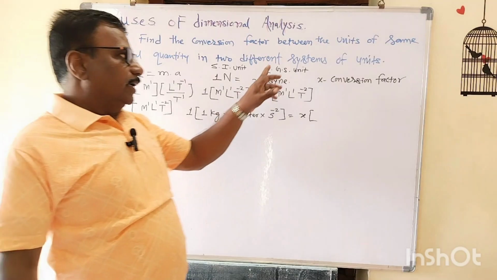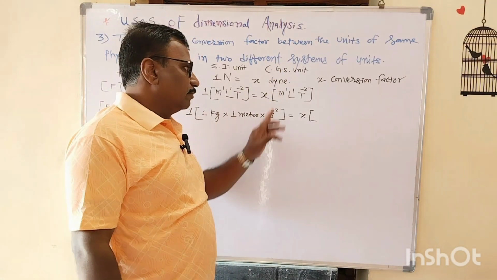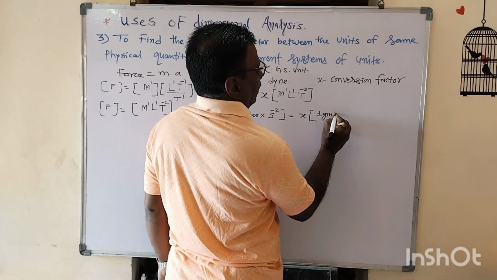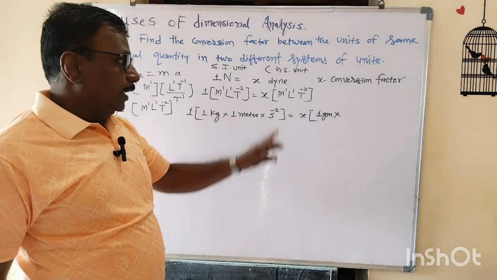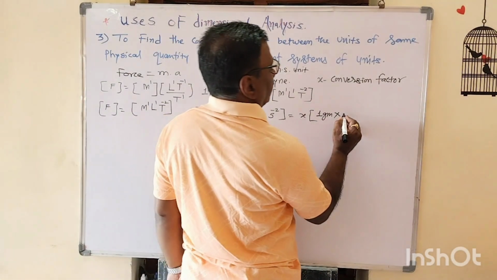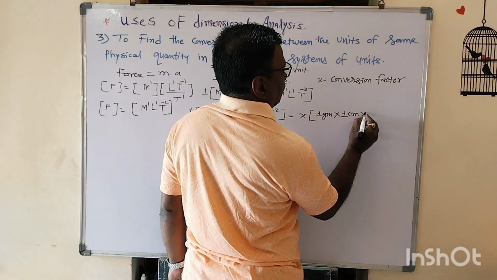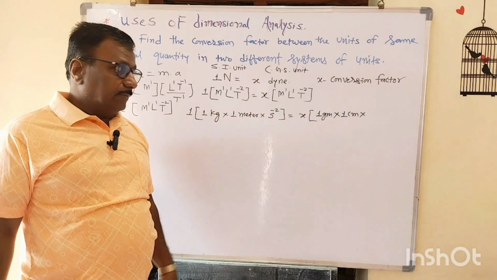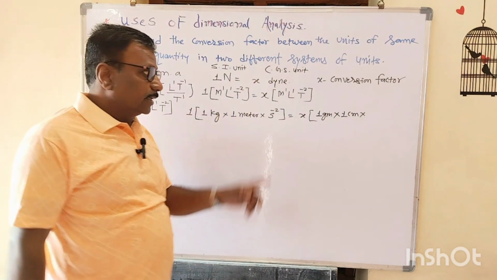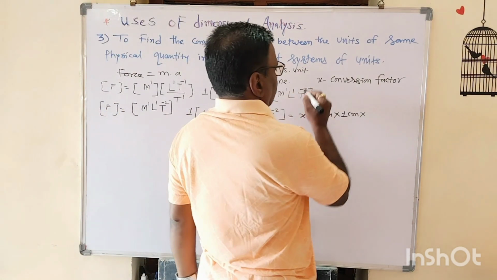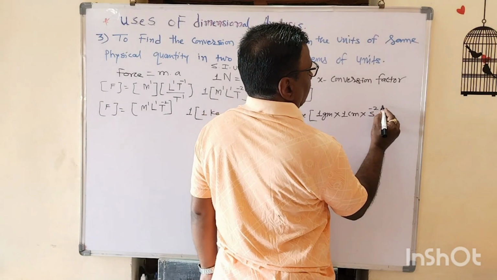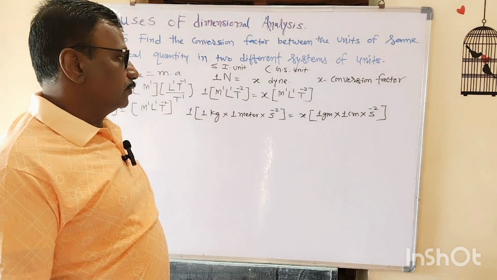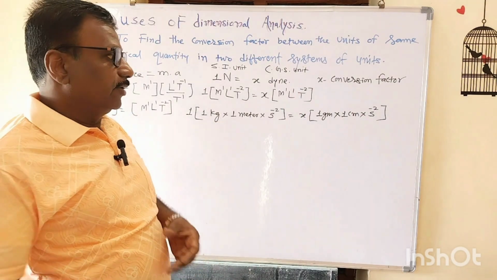into, here in CGS system, mass is measured in gram. So we write here 1 gram. Length is measured in centimeter. So we write here 1 centimeter. Again time. In CGS system, time is measured in second. It is measured 2 times. So it is equal to second raised to power minus 2 again. We have to calculate value of x.